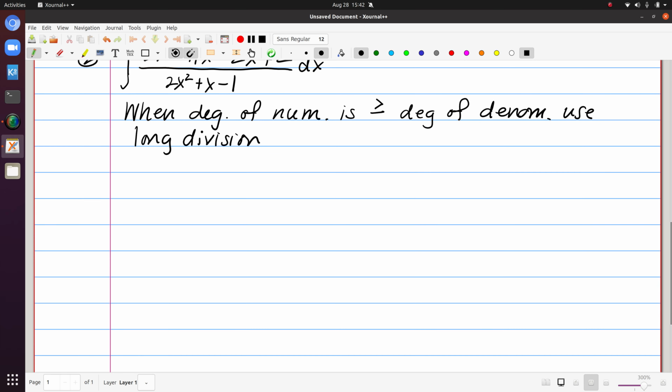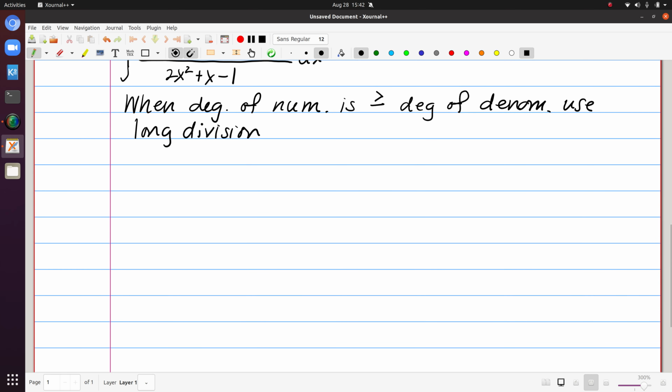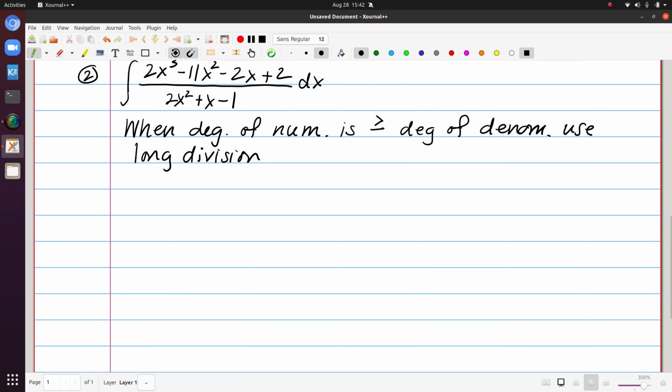So it very well might have been a long time since you've done long division in a context like this. So let's recap that. So I want to take 2x squared plus x minus 1 and I want to divide that into 2x cubed minus 11x squared minus 2x plus 2.